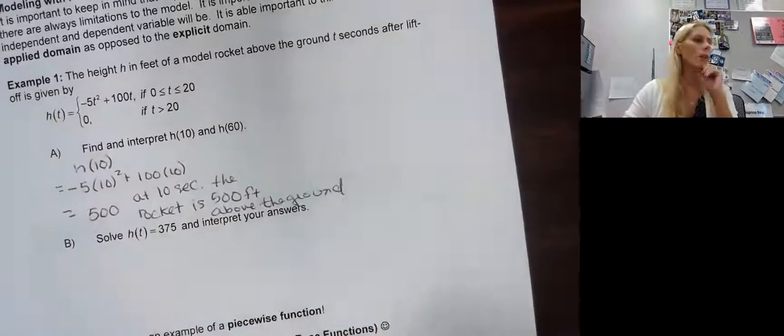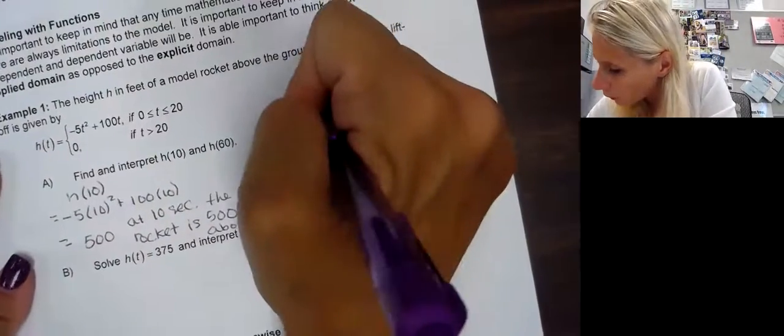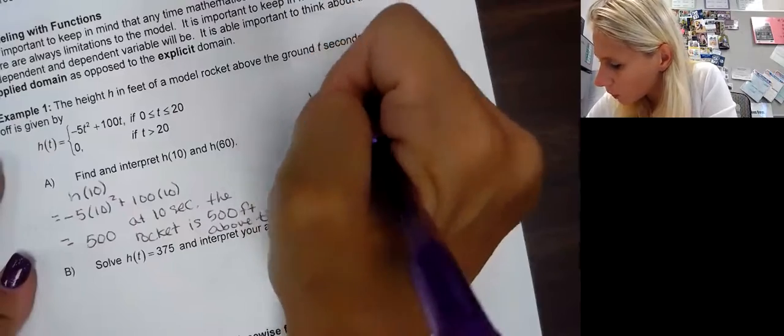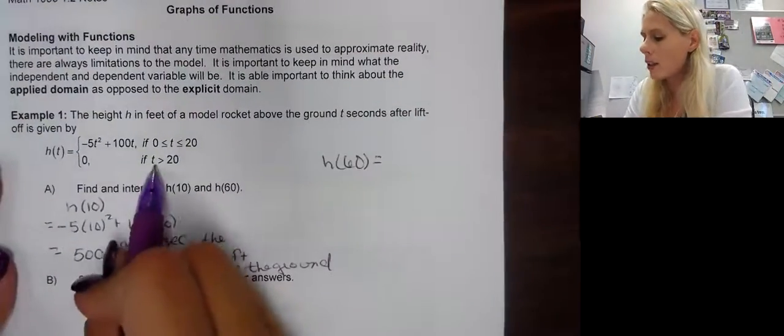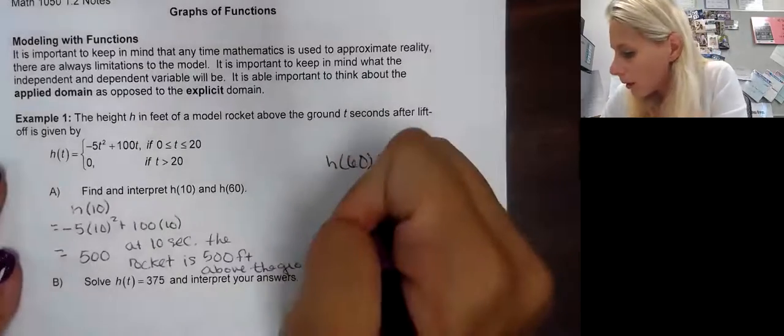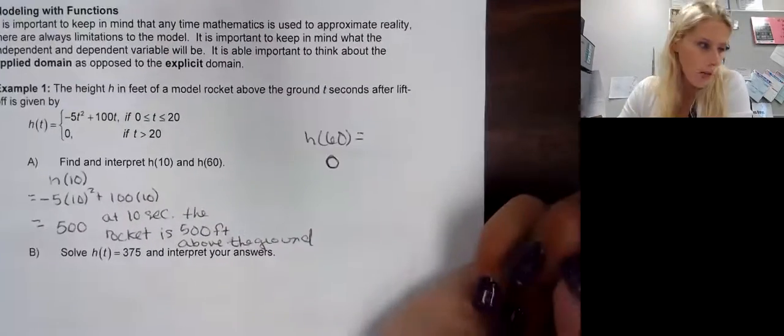Okay, so h of 60. So if I find, and I'm going to put it over here so we can have some room, h of 60. Well, 60 is greater than 20. So automatically the height is 0.